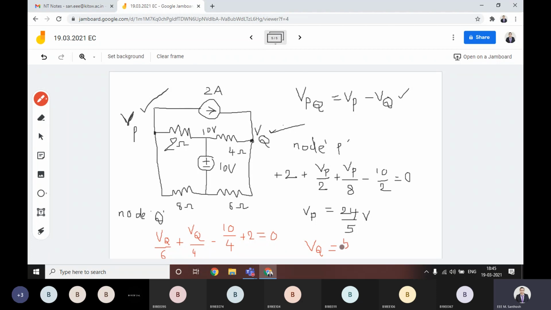VQ you will get 54 by 5 volts. Vp minus VQ will give you the value of minus 6 volts. That is the value VPQ, that is equal to minus 6 volts.